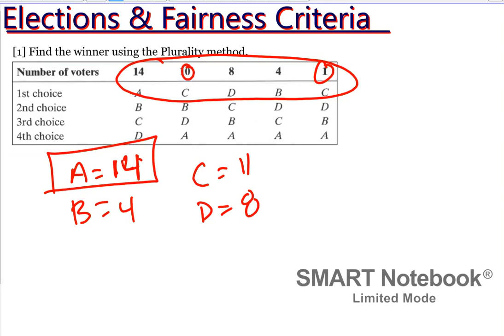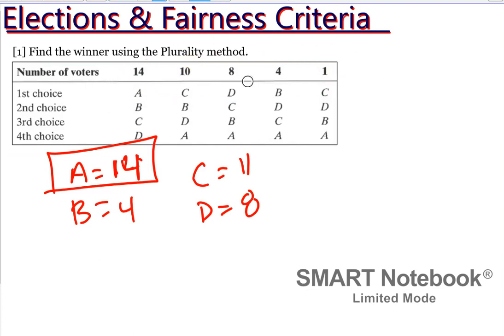Now, do we classify A as a plurality winner or a majority winner? So to see this through, we want to determine how many votes are needed for a majority. So altogether, the number of voters are the sum of these numbers in the header. So 14 plus 10 plus 8 plus 4 plus 1. We have 37 voters.